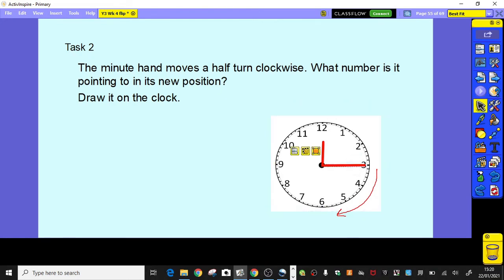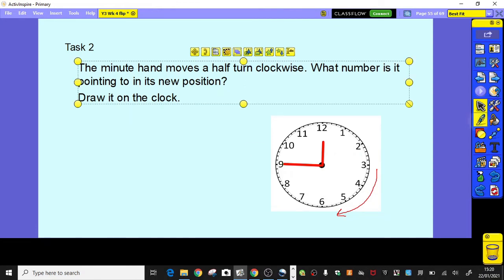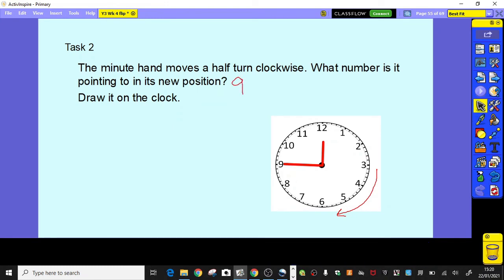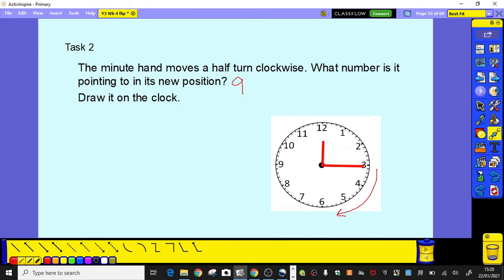So let's move our minute hand half a turn. So that will be a quarter turn, and that will be a half a turn. So what number is it pointing to in its new position? Well, it's pointing to number 9, and then you would be able to draw it. So we put this one back where it was, and then you can draw the new line where it will be pointing to after half a turn on your clock.